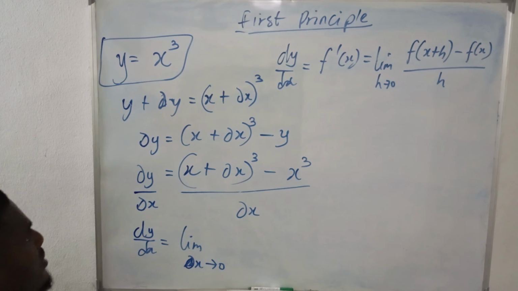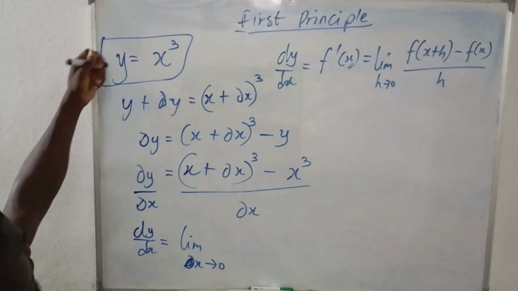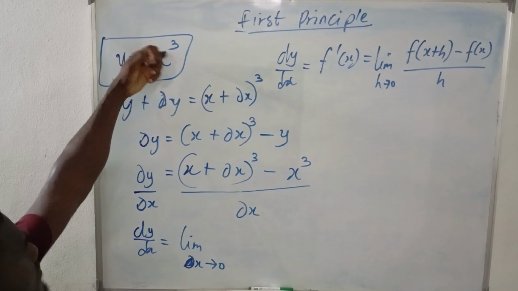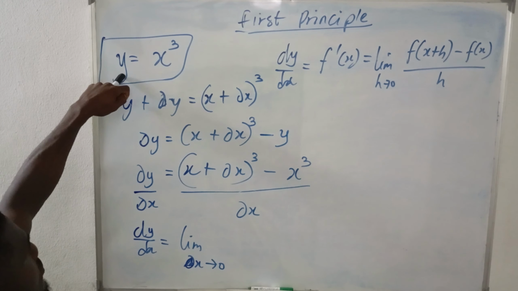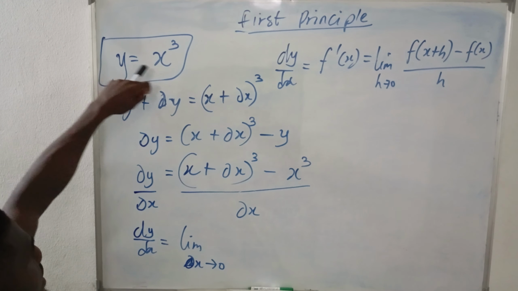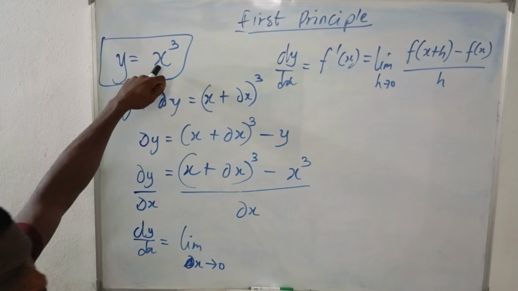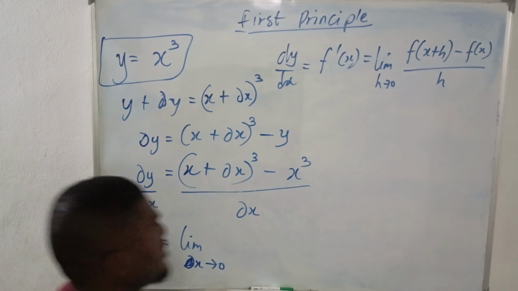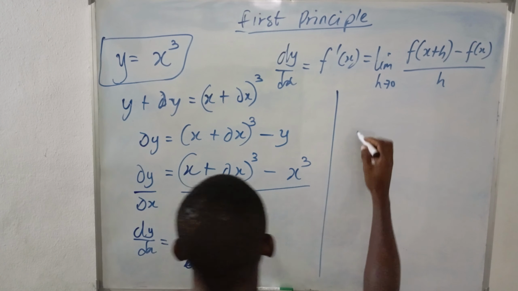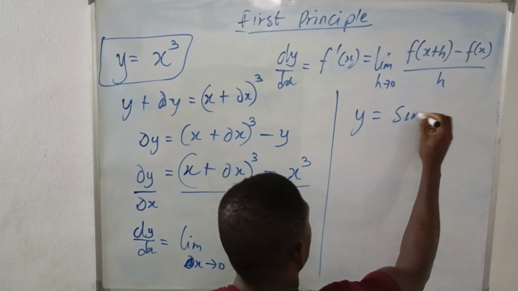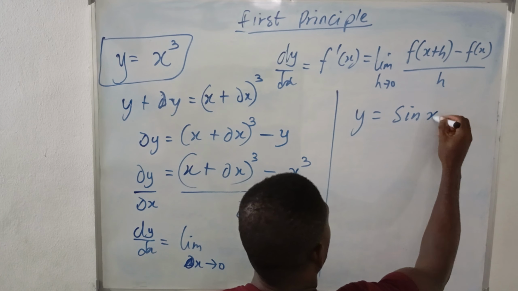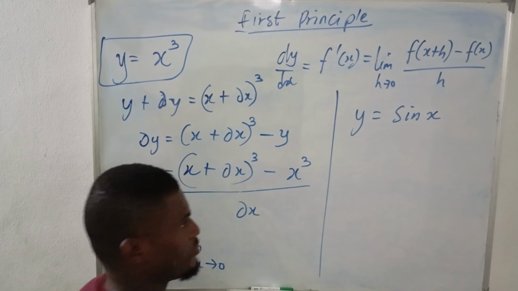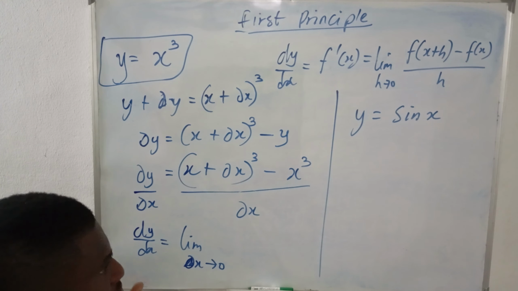Alright, let's have a little recap on what we're really doing. When you have y equal to a particular function, we add your dy to your y and add your dx to x, and then put it in the same form that it is. So another example would be, for instance, y equals sine of x, and you want to solve that from first principle.